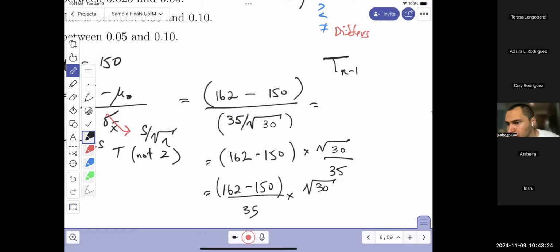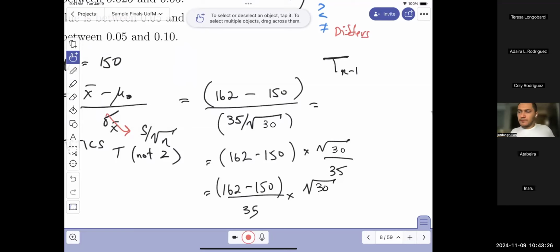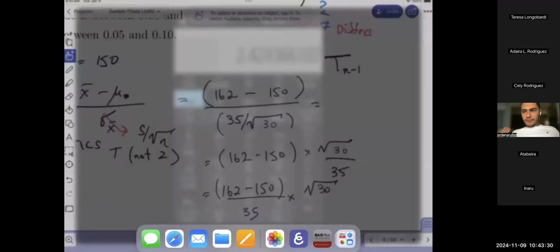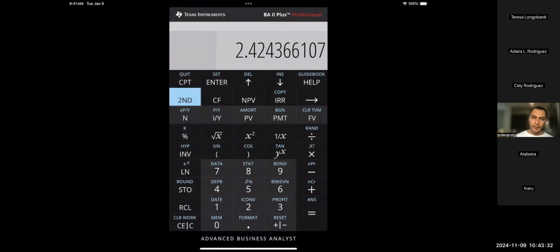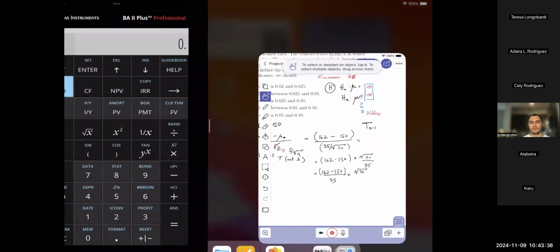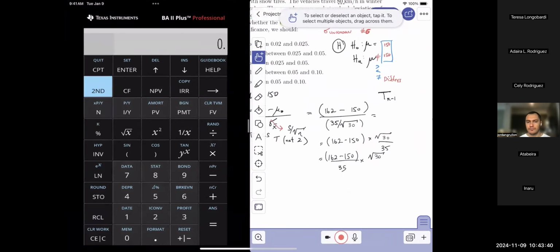Okay, and now we can get the same answer. 162 minus 150, equals, times square root of 30, divided by 35.